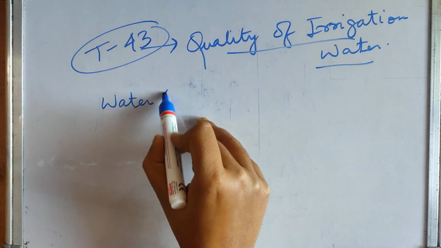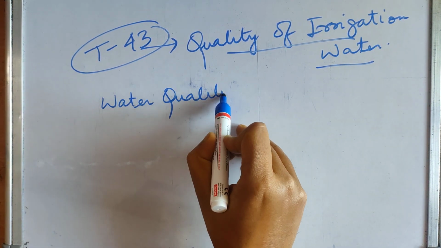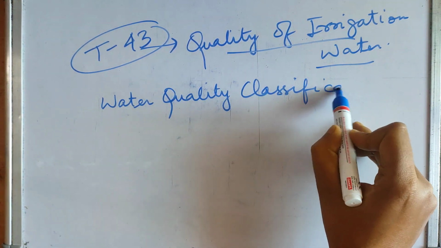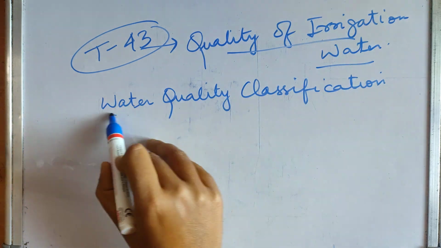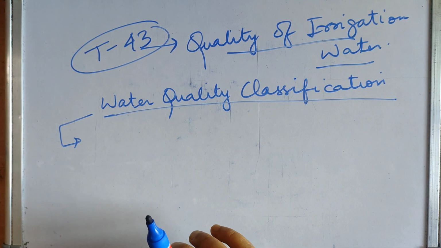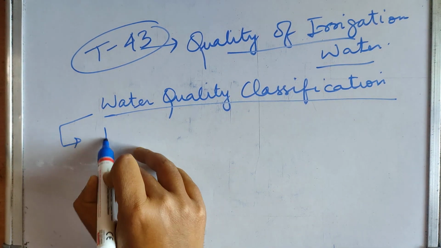Water quality classification is the first topic of this session. It is done to get the suitability of irrigation water.